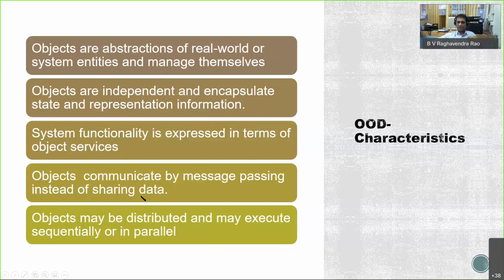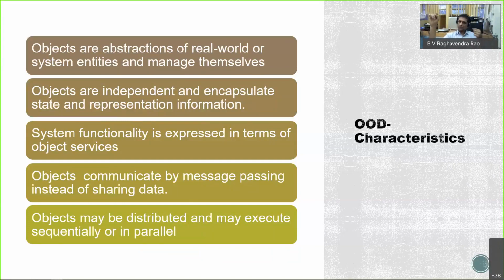This is a drastically different view than the imperative program. In the imperative program, the modular programming paradigm, you have modules which are functions. How do they interact? One function calls the other. But data has to be shared among all the functions.